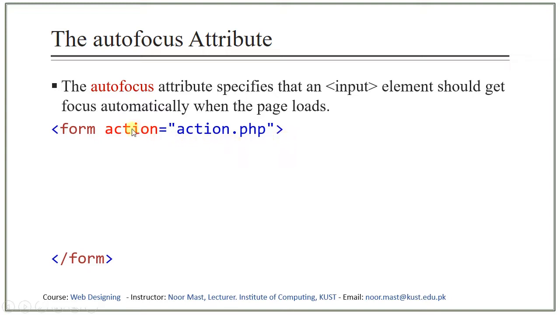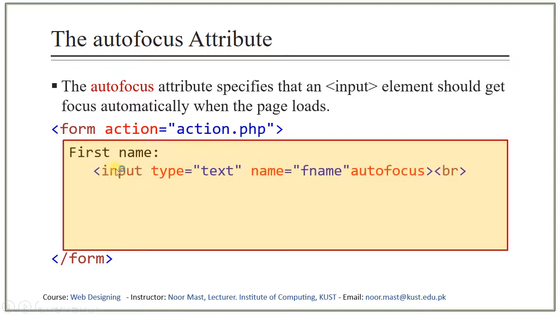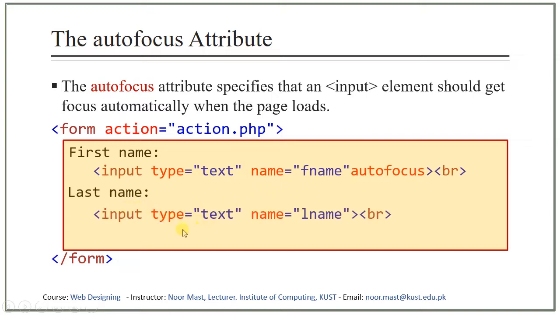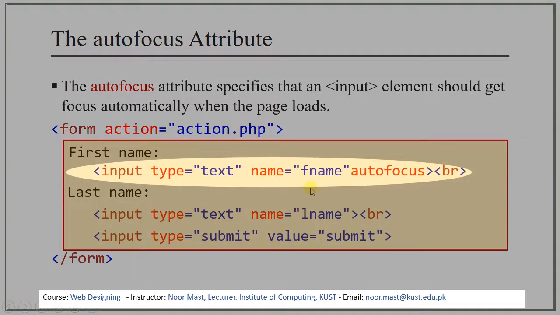These are the starting and closing elements of the form, and this one is the first element of the form, and this is the second one, and this is the third element of the form. In this code, the first element of the form has the autofocus attribute. So this element will get focus automatically when the page loads.